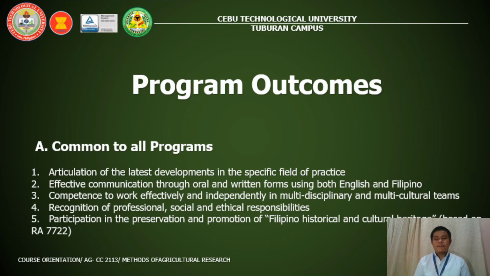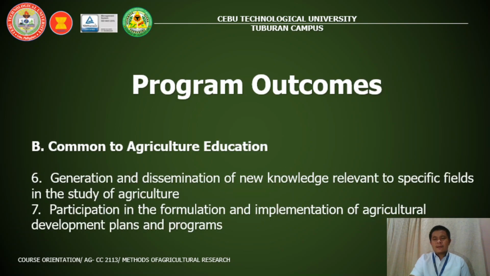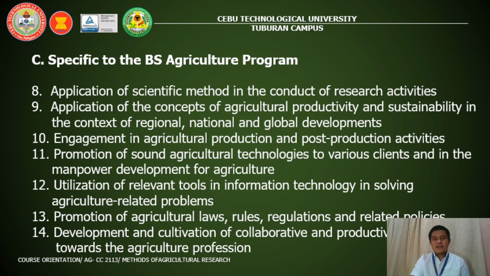And then we have the program outcomes. They have different classifications: common to all programs, common to agriculture education, and specific to the BS Agriculture program. You can run through this in this video. You can take screenshots and then study each.